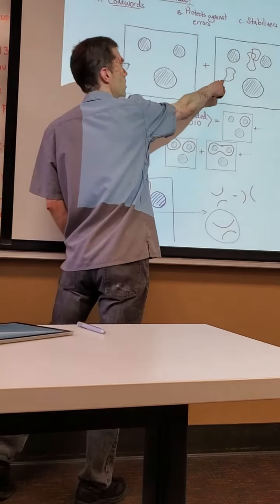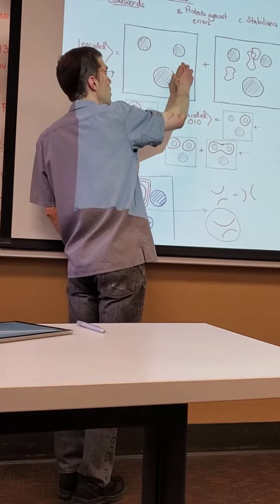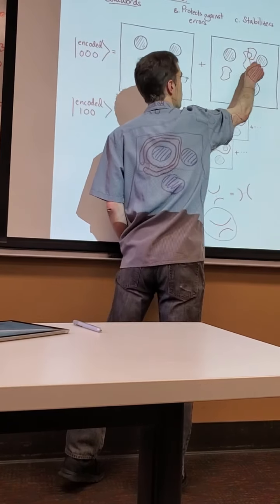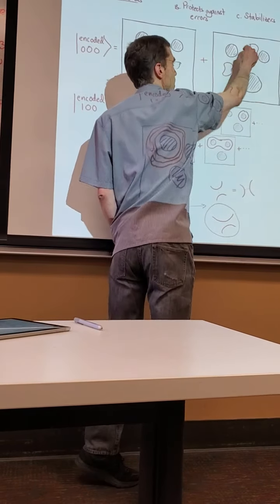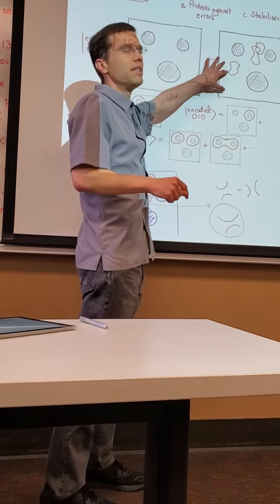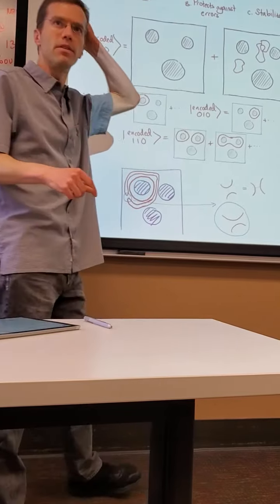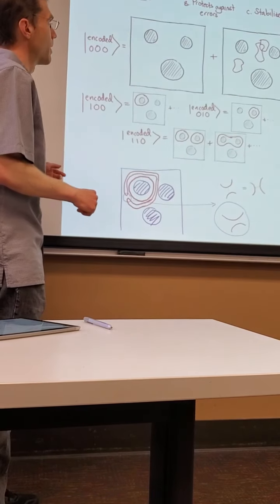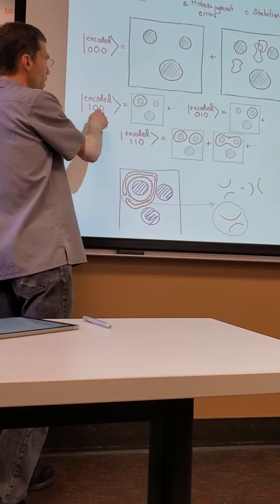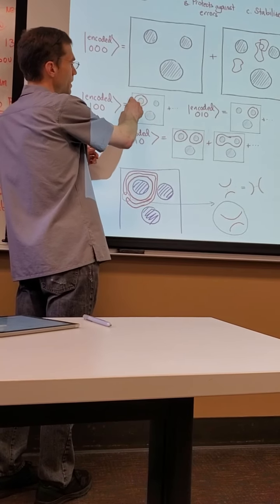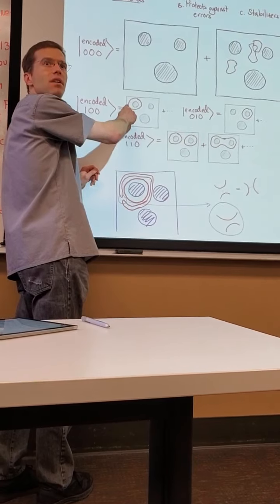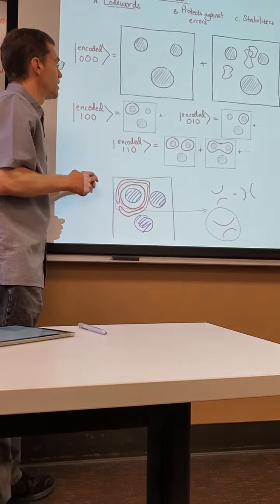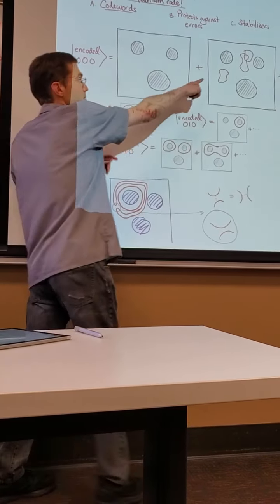It's just going to be a uniform superposition over all pictures like this of cycles on top of each other and so on. Then you discretize it. But for encoded 1, 0, 0, it'll be the same thing except I'll have a cycle going around one of the holes. So every cycle that goes around that hole, plus a picture like this.